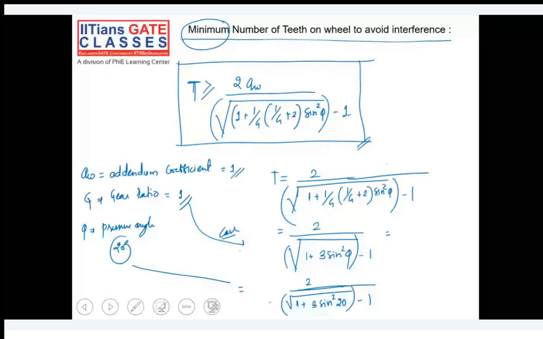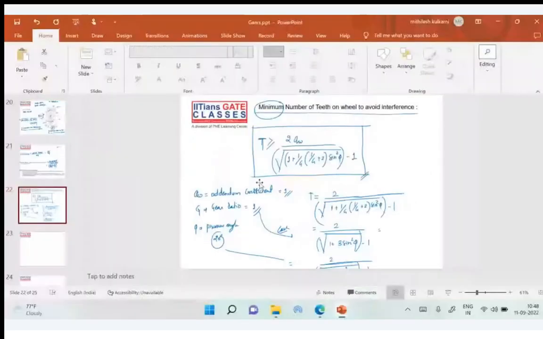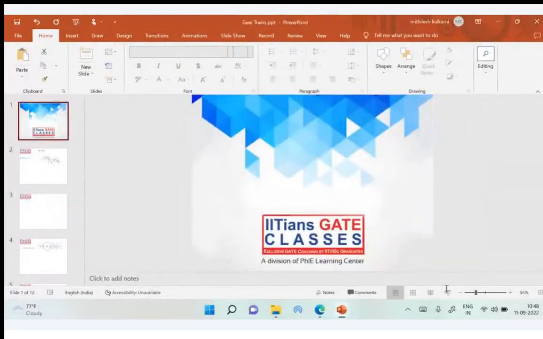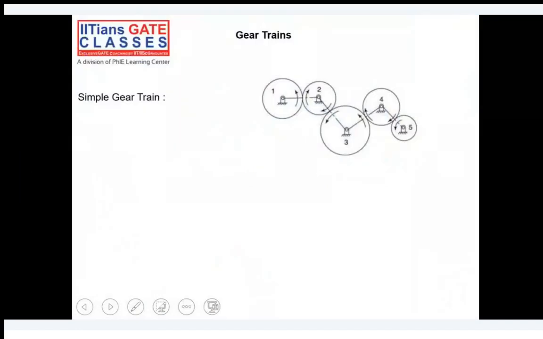Okay, so I'll just open a different presentation. Write down the heading gear trains. What is a gear train? As I said, it's a combination of gears used to transmit the motion from one shaft to another.